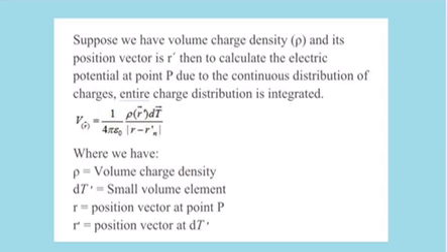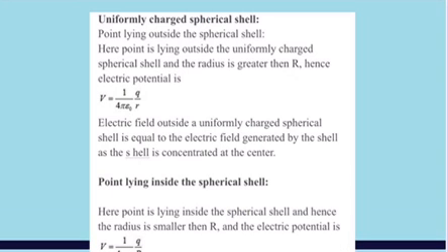Where ρ is the volume charge density, dτ is the small volume element, r is the position vector at point P, and r' is the position vector at dτ.